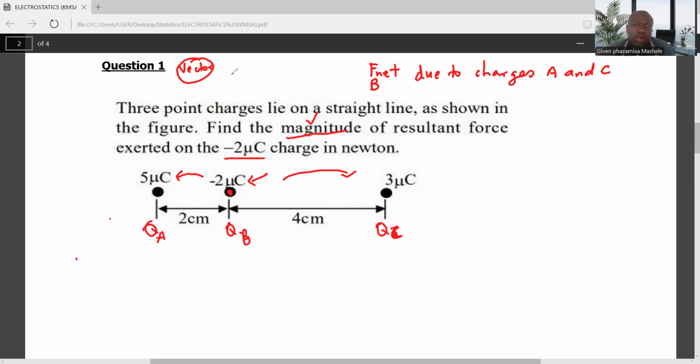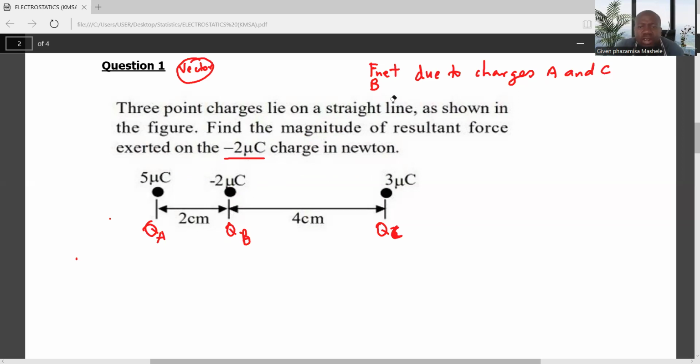Because we want to calculate the net electrostatic force, or the resultant, remember resultant is the same as the net, the net force exerted on the charge of -2 microcoulomb, which is charge B, in Newton.